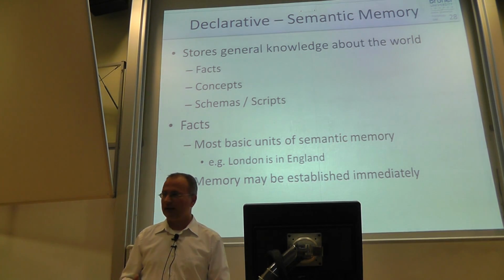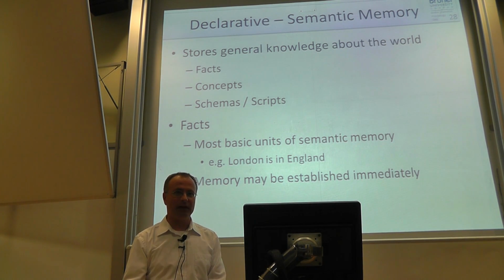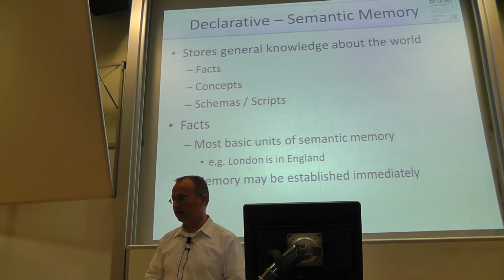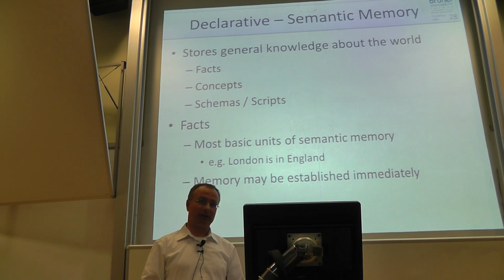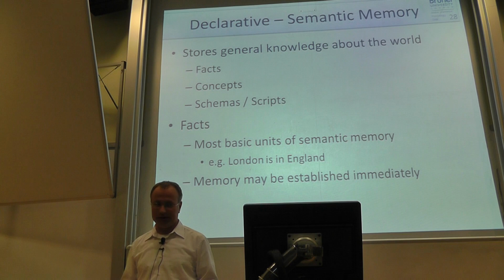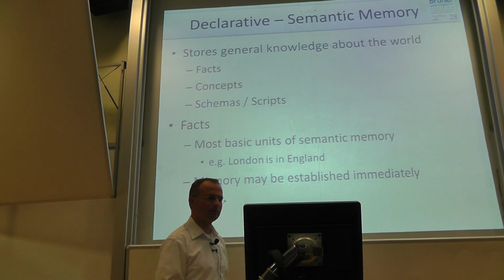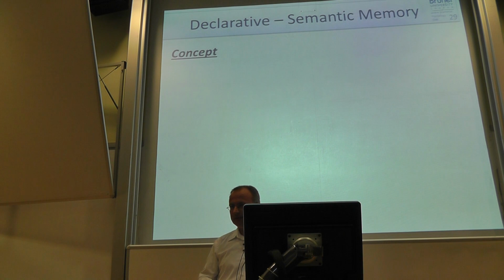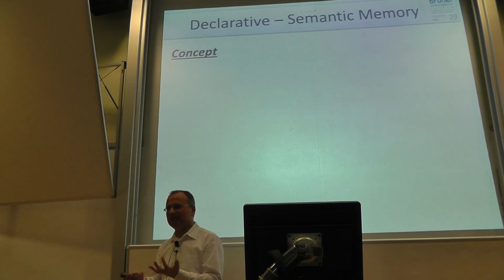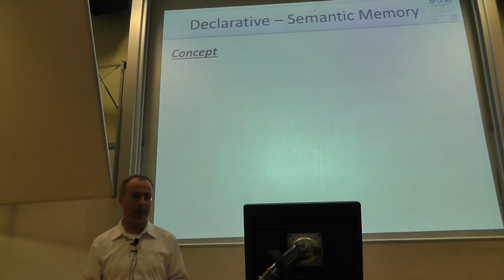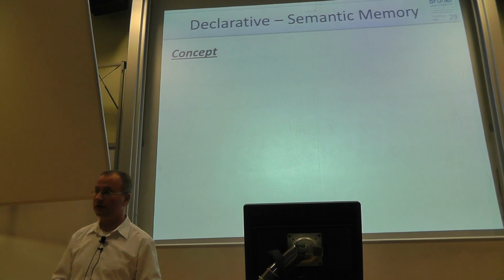You meet somebody and they tell you their name, maybe you hear it once and you remember it. Not necessarily every name we hear, but okay, let's have a look at the next more complex level of memory structures, which are called concepts.